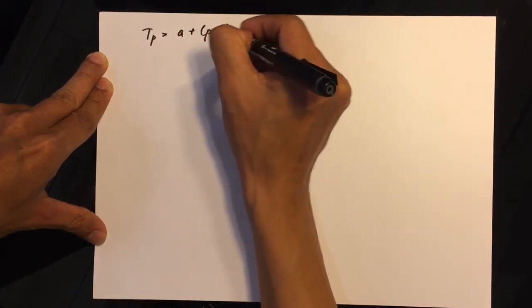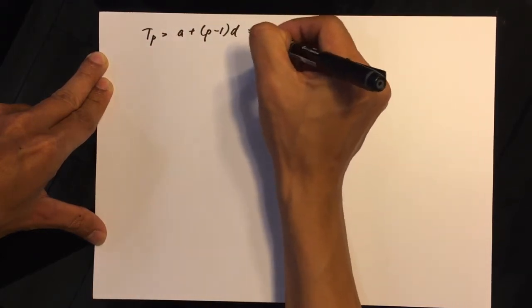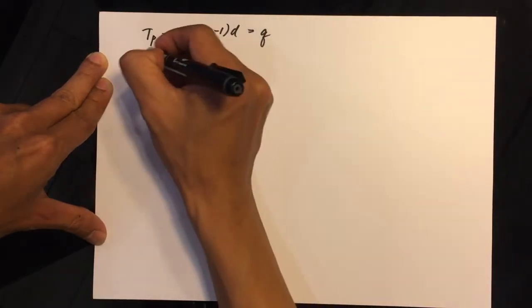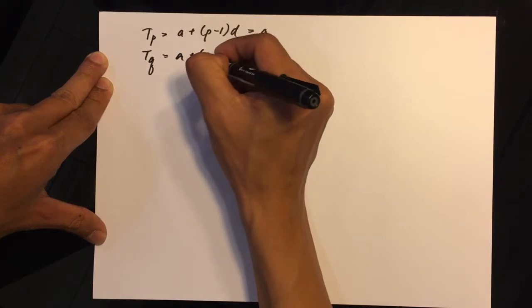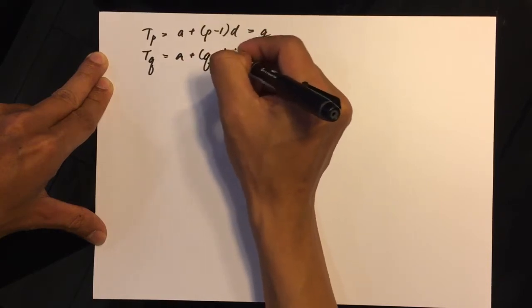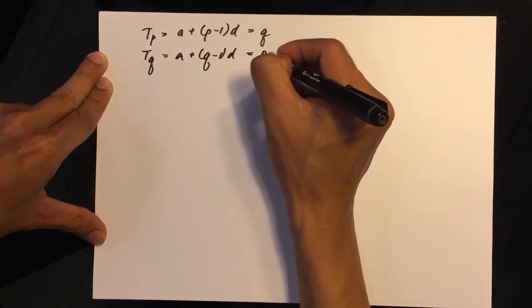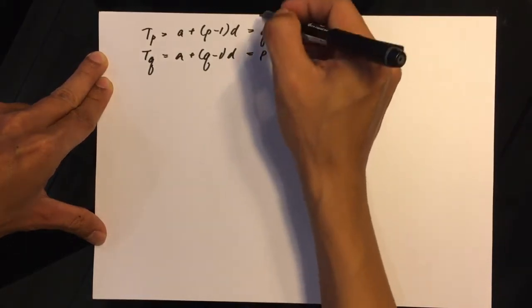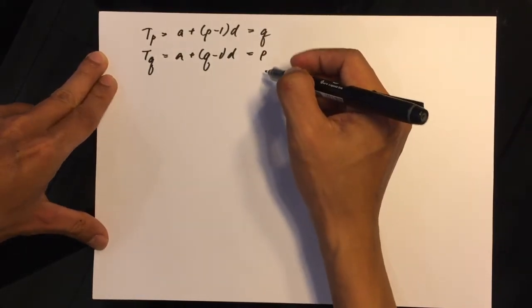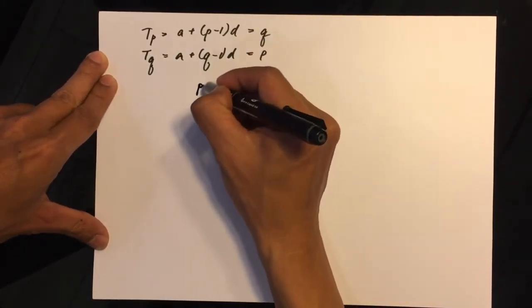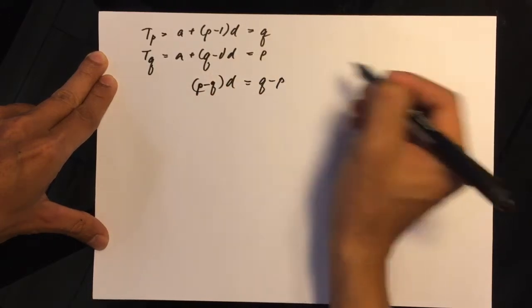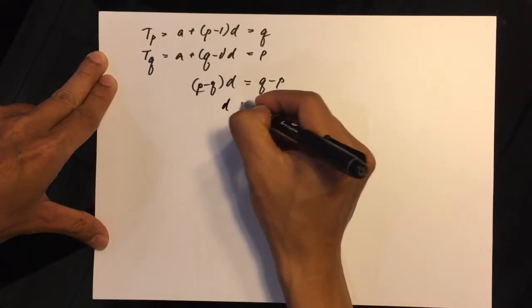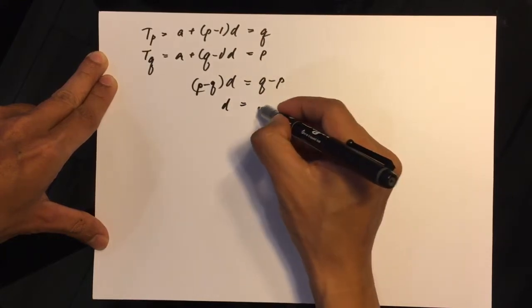So if you rewrite your problem statement this way, that's equal to q minus 1d, that's equal to p, right? You could subtract one from the other, and you'd get p minus q into d is equal to q minus p, and therefore d is equal to negative 1.